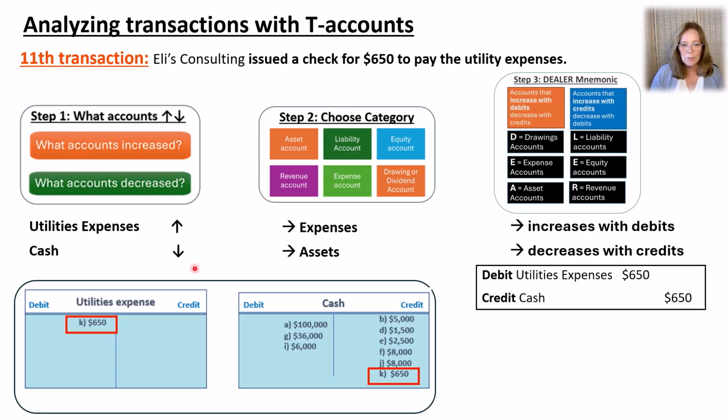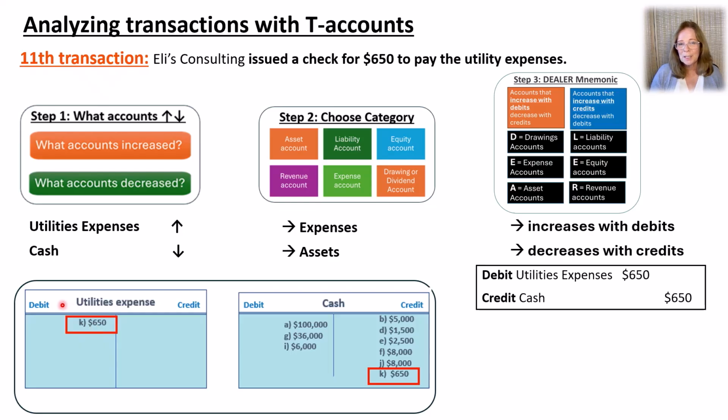The cash account decreased. Cash is an asset, and assets, according to the DEALER mnemonic, increase with debits and decrease with credits. In this case, cash decreased, so we need to credit cash for $650. We'll now write this transaction into the T accounts.